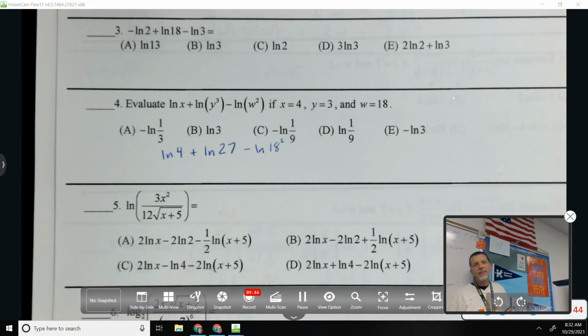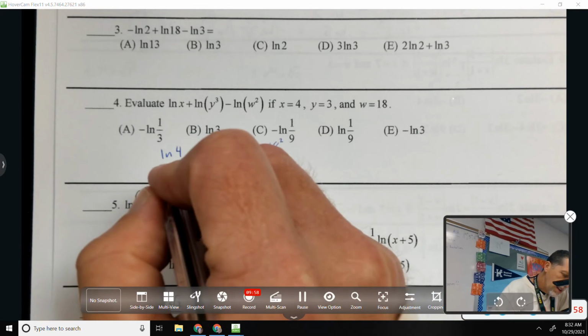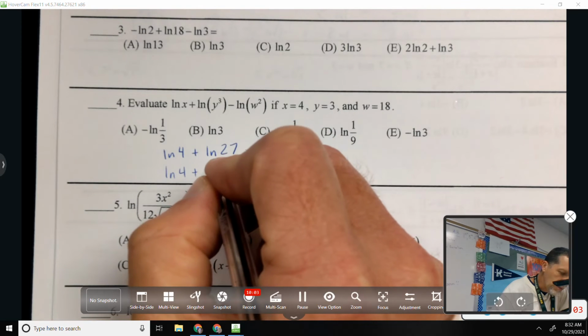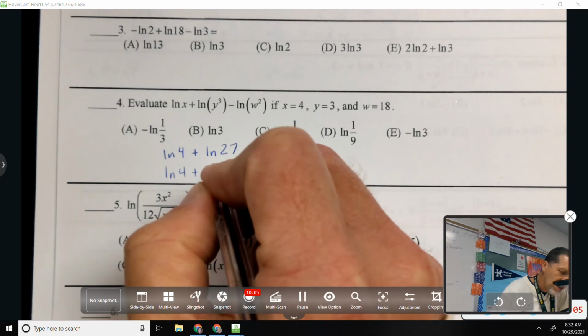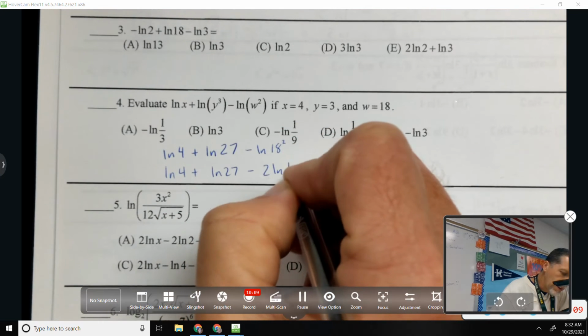So how can I get around that? Can't just go tossing square roots in there. I could move the 2 to the front. So it'd be ln 4 plus 3 ln 3 minus 2 ln 18.